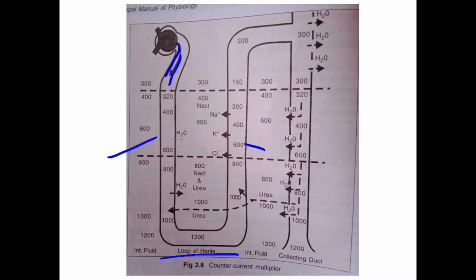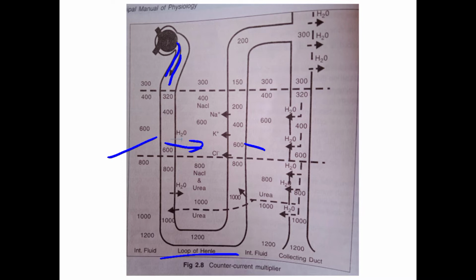In the descending limb, the water keeps getting diffused from the tubule into the interstitium.